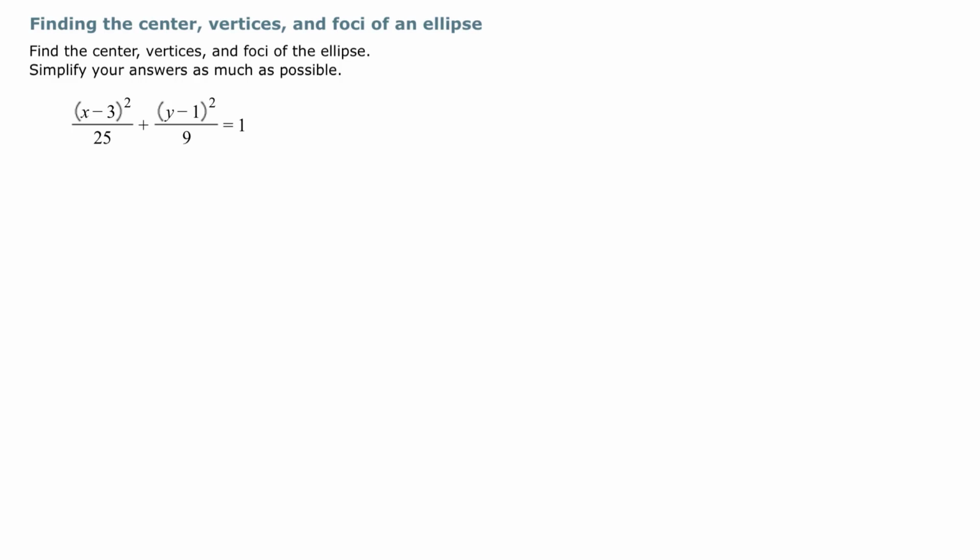First thing I'm going to do is draw a really rough sketch. Let's put the center of this ellipse with a little blue asterisk, labeled 3, 1.